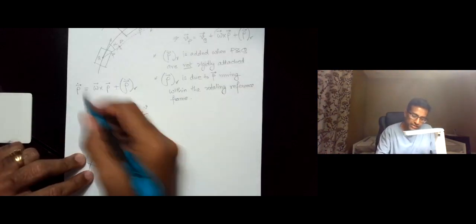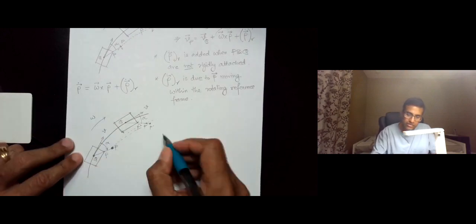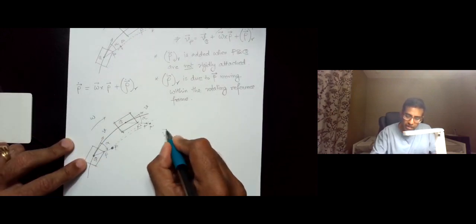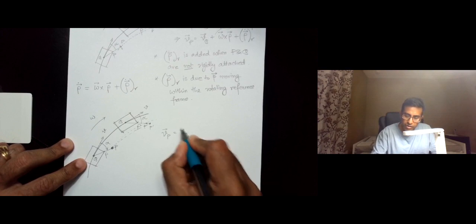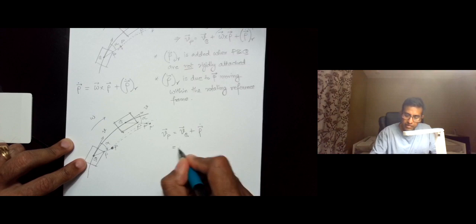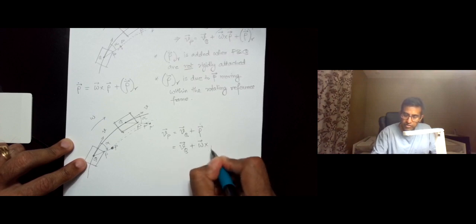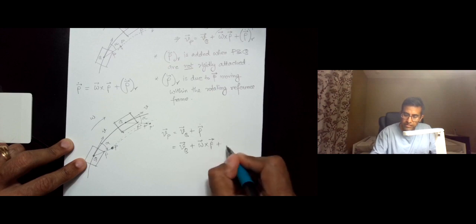okay? So here also the same thing applies, and you have rho dot equals this, and so here you would have Vp is equal to Vq plus rho dot, and this is V_q plus omega cross rho plus rho dot r.